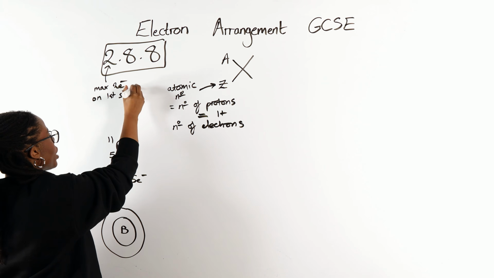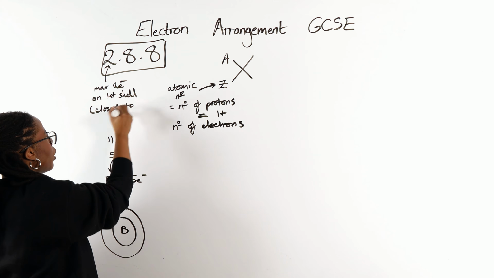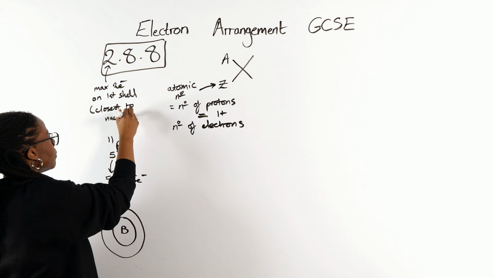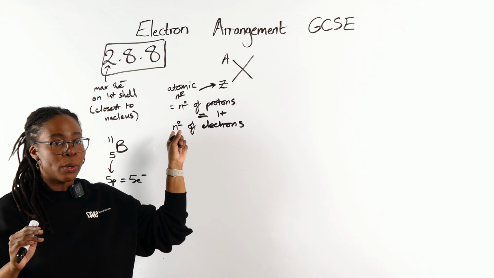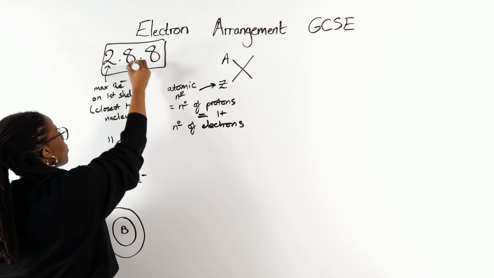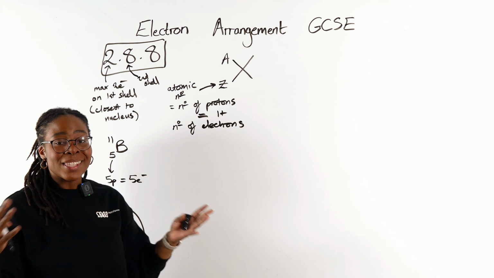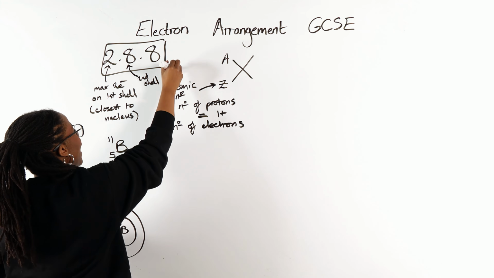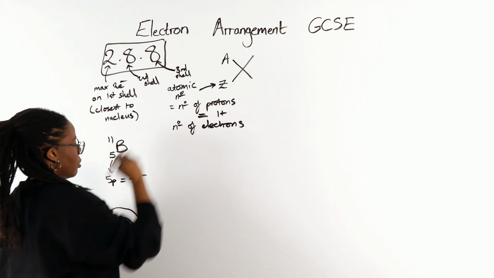And by the first shell, we mean the shell closest to the nucleus, so closest to the middle. Then once that first shell is full with its 2 electrons, the second shell can hold 8 electrons. And then once that second shell is full, the third shell can hold a further 8 electrons.